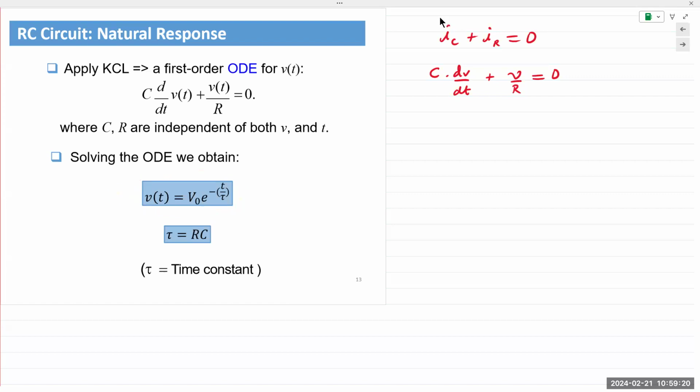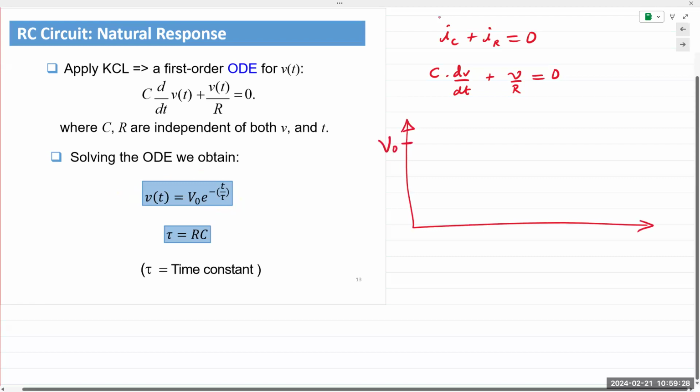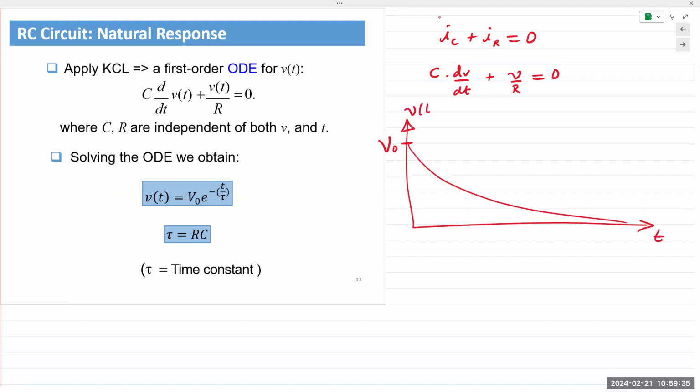When you plot this, you again obtain the exact same form. You start at V0 and then you slowly but surely reach steady state of 0 volts. Tau in this case is very easy to remember.